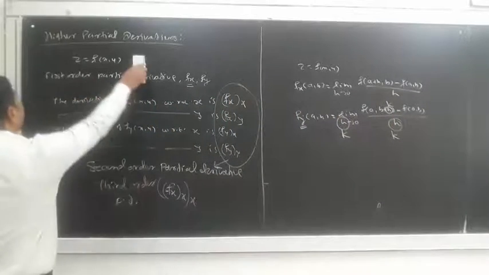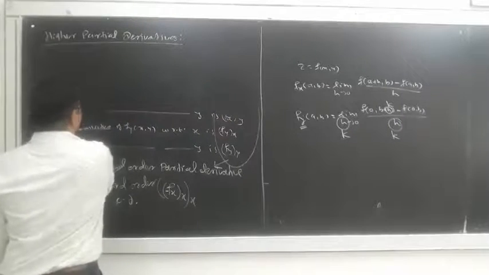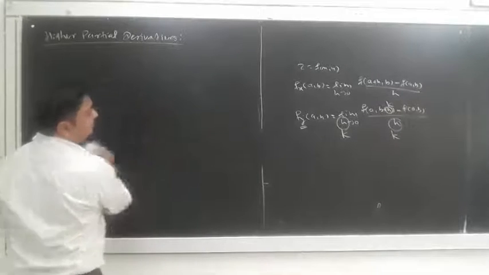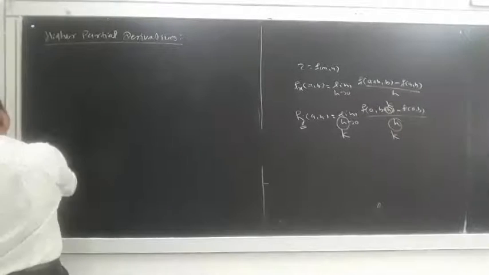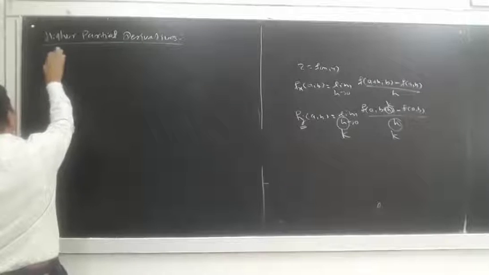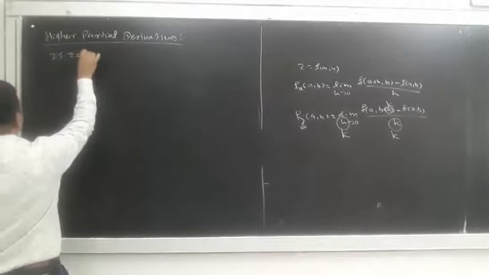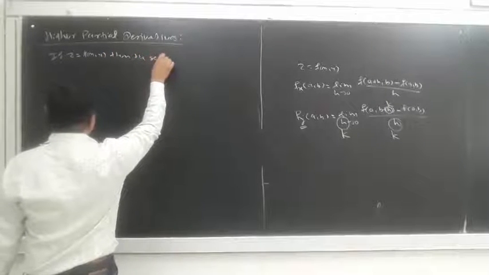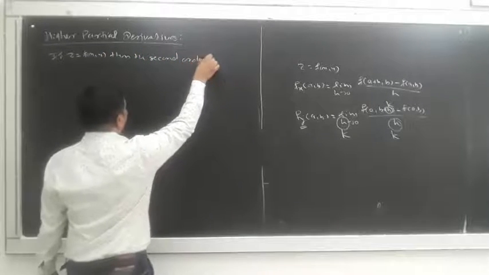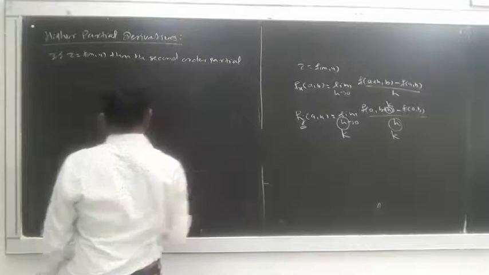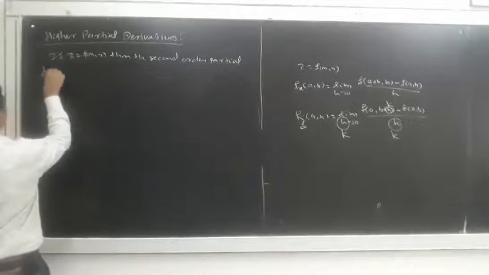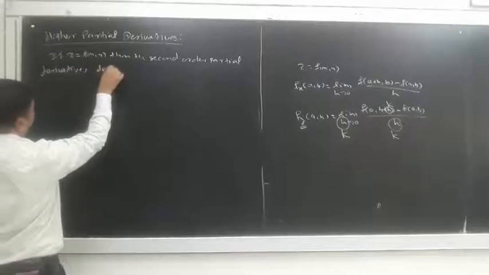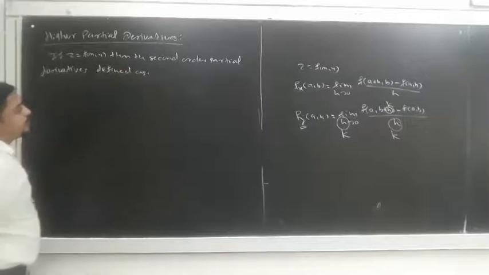So can you define second order partial derivatives? In a similar manner, if z is equal to f of x, y, then the second order partial derivatives are defined as follows.